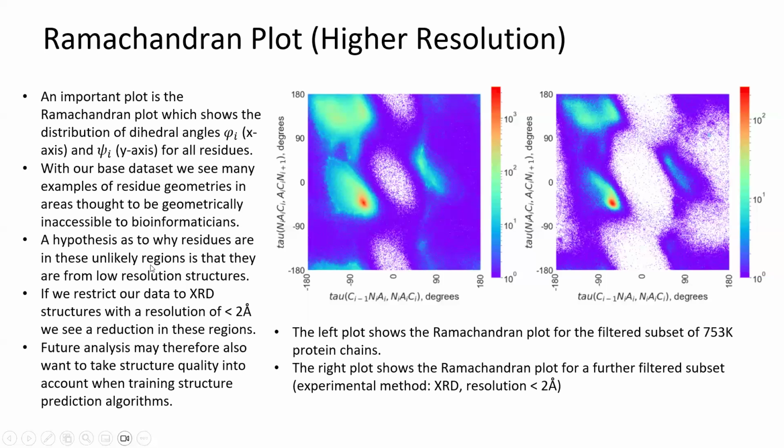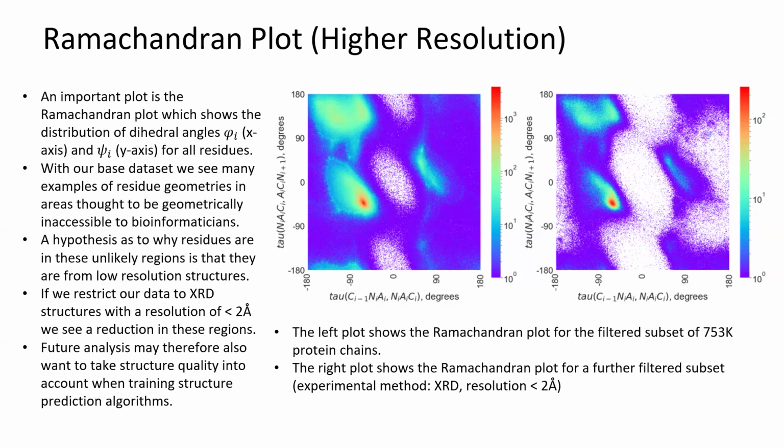So our hypothesis really was maybe it's due to a lot of low resolution structures. What we did for this plot on the right was filter our PDB based data set to just include chains from the experimental method of X-ray diffraction and with a resolution of less than 2 angstroms.